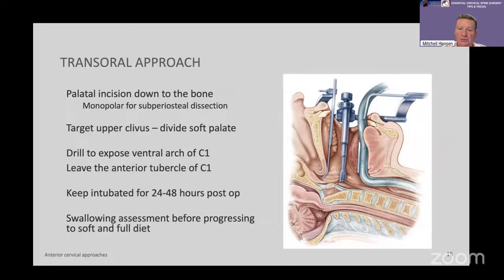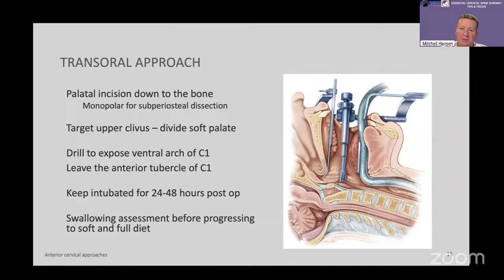Transoral approach certainly looks quite gruesome to get in there, but it's a workhorse for anterior procedures high up in the spine. We try and leave the anterior tubercle of C1 because of the attachments of the ligaments there.